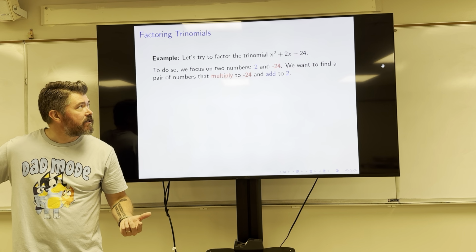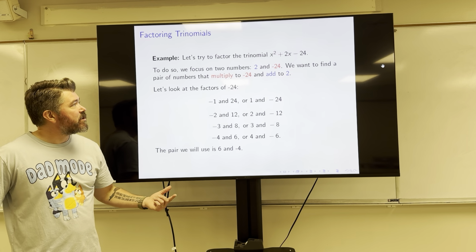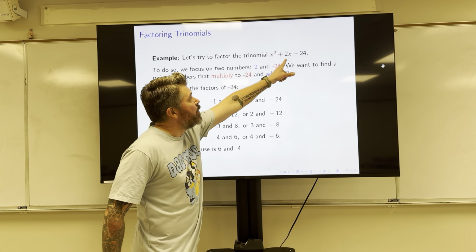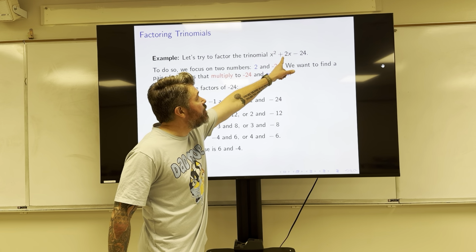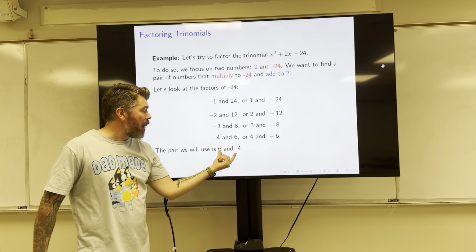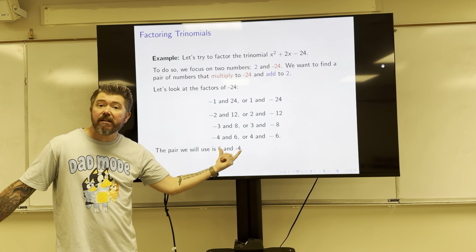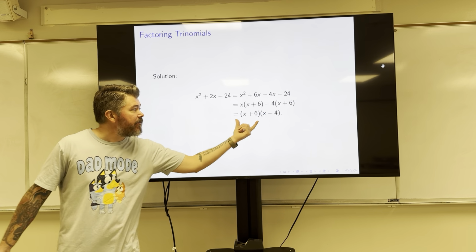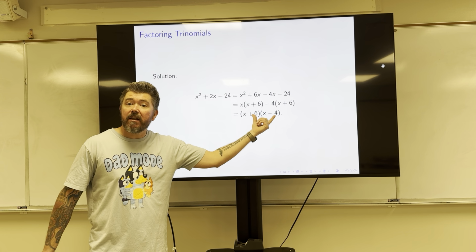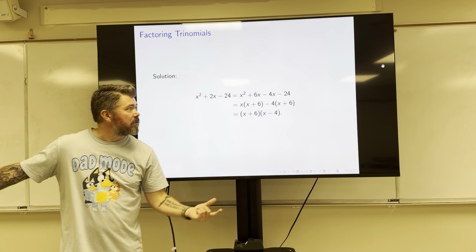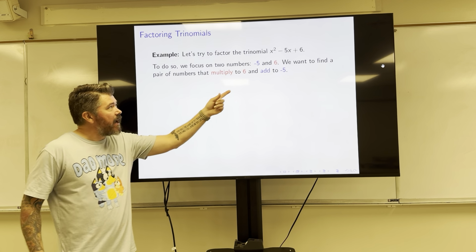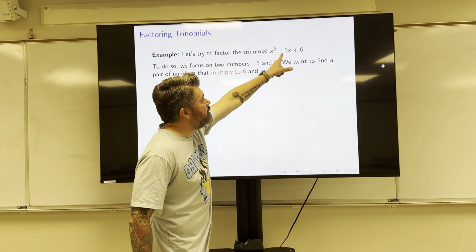Let's look at our next example. What was our next example? We have a positive 2. How did I split my positive 2? 6 and negative 4. How did this factor? 6 and negative 4. Finally, how did I split my middle term, negative 5?